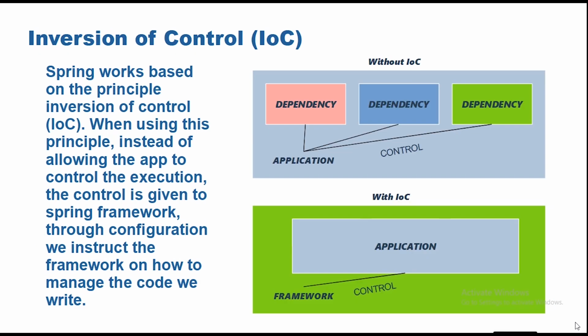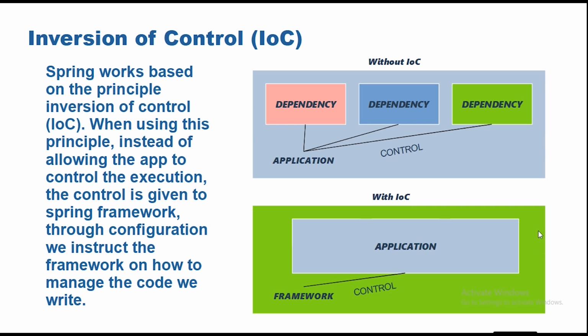Okay, we have inversion of control. Spring works based on the principle of inversion of control. When using this principle, instead of allowing the app to control the execution, the control is given to the Spring Framework through the configuration. We instruct Spring Framework on how to manage the code we write.